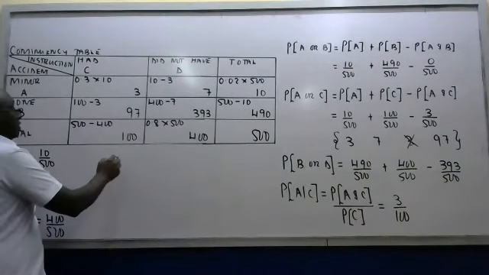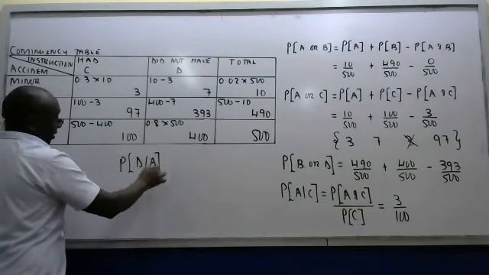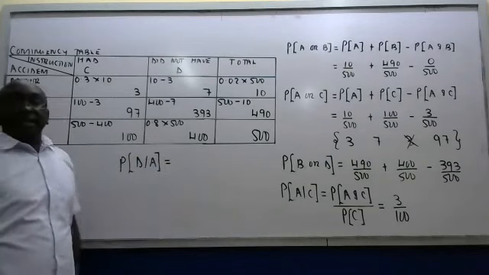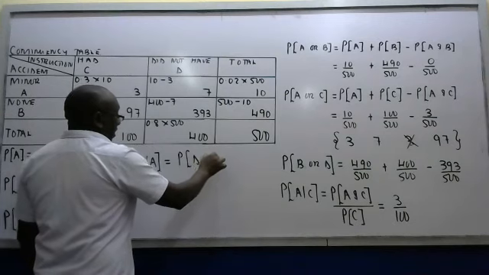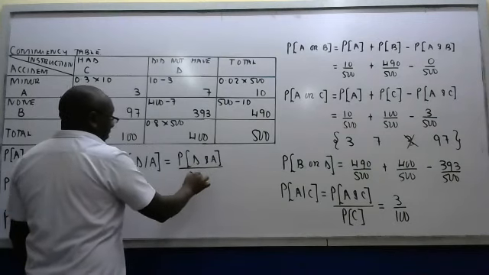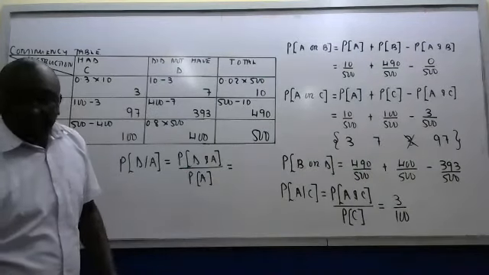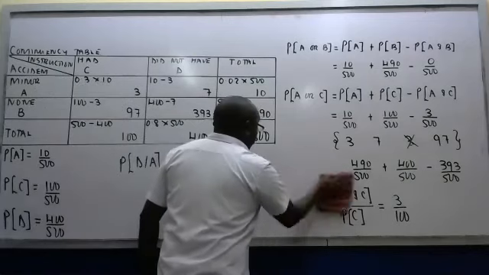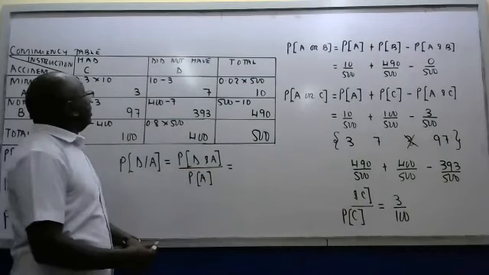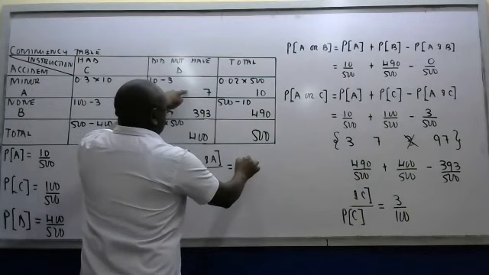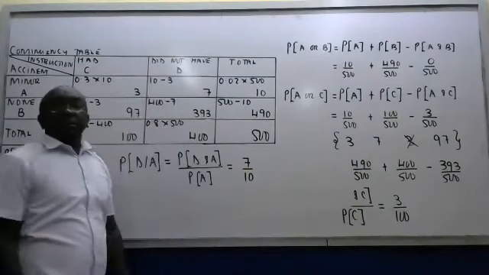Similarly, if you are told probability of D given A, it opens up as probability of D and A, you divide by probability of A. So now for this one, you look where D and A meet. D and A meet at 7. Then look for A. All of A is what? 10.